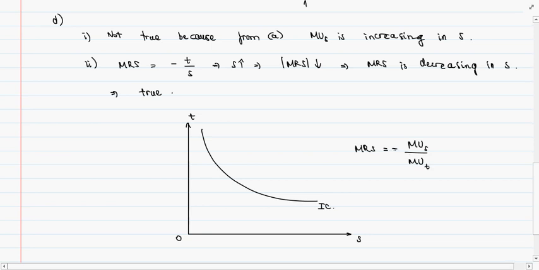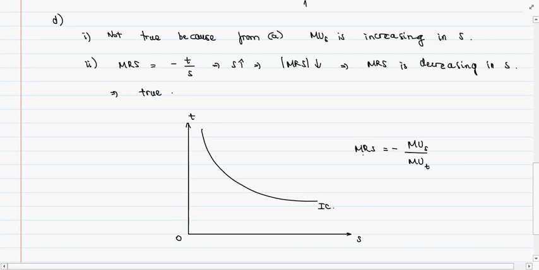Whatever you put on the horizontal has to go first in the marginal utility ratio. It doesn't matter whether you put S or T there, but whatever you choose has to be consistent.